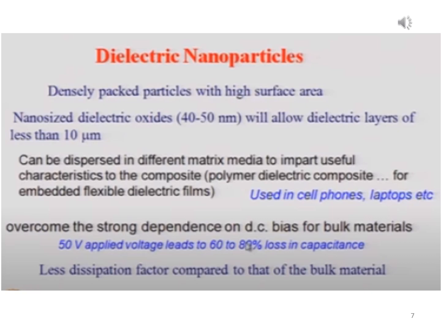is that these nanoparticles can be dispersed in a different matrix media. So you can have polymer, or metals, composite. Many materials could be used as starting material, and that could be a matrix that could be dispersed with the dielectric nanoparticles, and they can be finely dispersed in a different media.